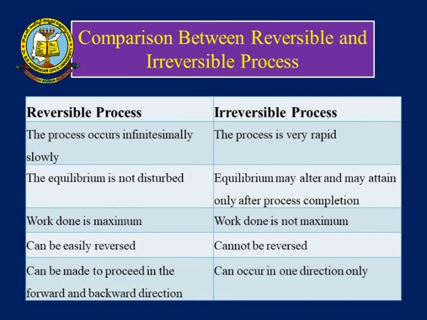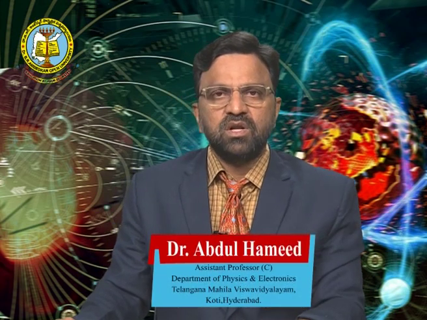Another comparison is that the reversible process can be made to proceed in the forward and reverse, that means backward, direction, whereas an irreversible process can occur in only one direction. So, this is the comparison of the irreversible and reversible processes.